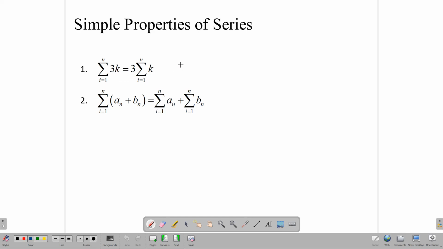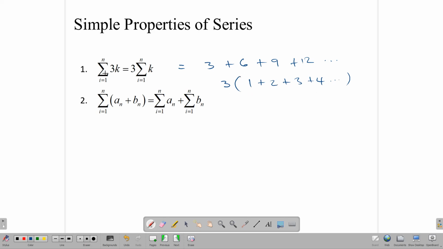So for example, if we have 3 plus 6 plus 9 plus 12, for argument's sake, then we can factor out a 3 from this and say 3 times 1 plus 2 plus 3 plus 4. And so we can demonstrate with a simple example that the sum of 3 plus 6 plus 9 plus 12 is the same thing as 3 times 1 plus 2 plus 3 plus 4, etc.